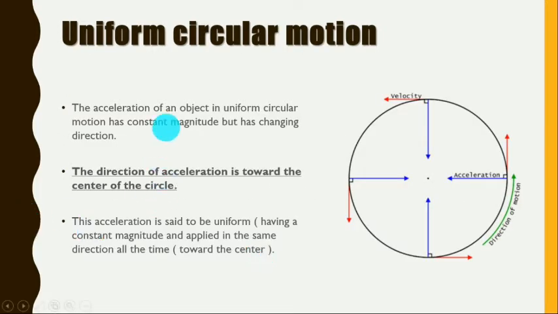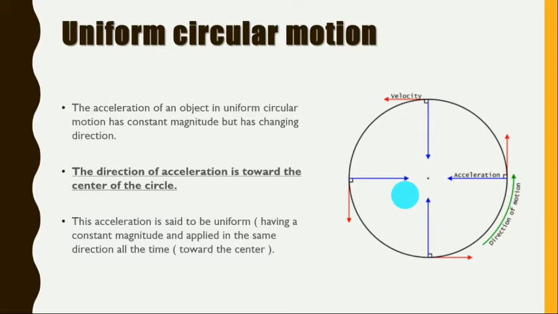Now the acceleration of an object in uniform circular motion has constant magnitude but has changing direction. The same thing about acceleration. We are going to talk about acceleration later in detail in this chapter. But here you have to understand also that the acceleration has constant magnitude but changing direction. Okay, so we have acceleration in circular motion.